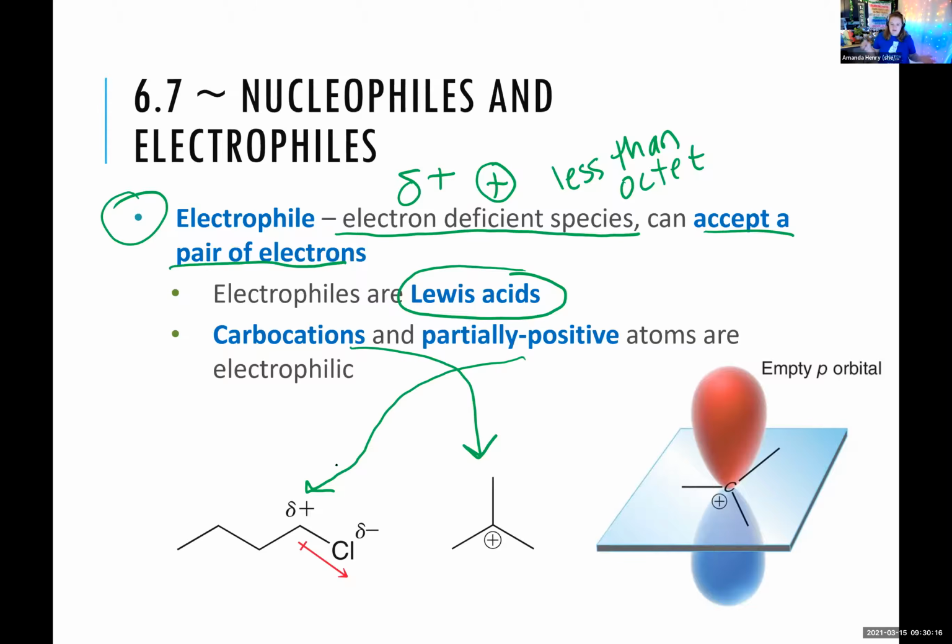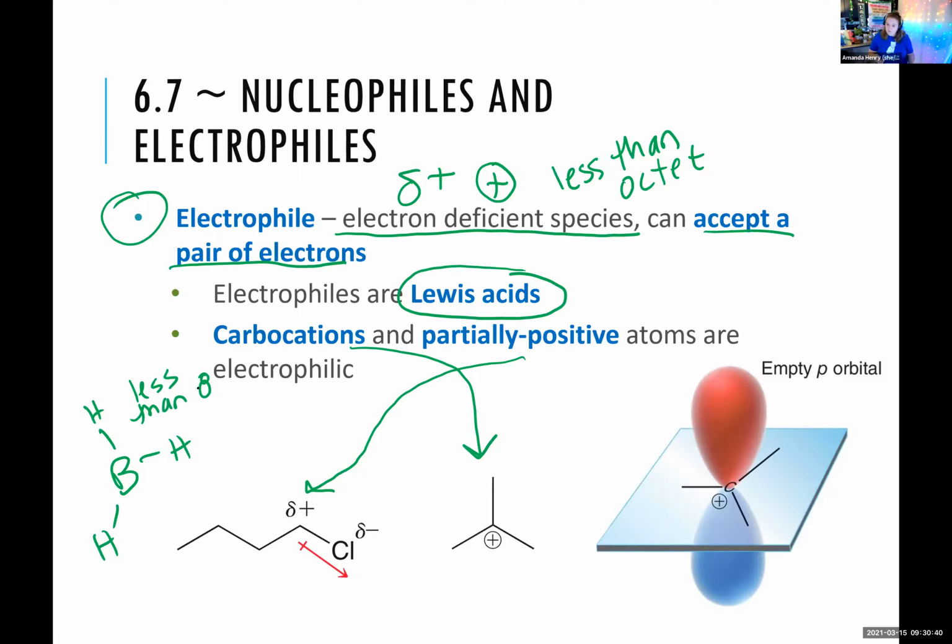So they kind of are checking two boxes there. And then something like boron, so BH3, has less than an octet. So I'm just going to put less than 8. And so it would fall into this category as well. It can accept that pair of electrons because it has the space.